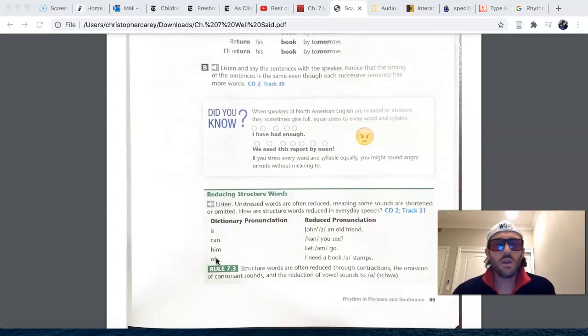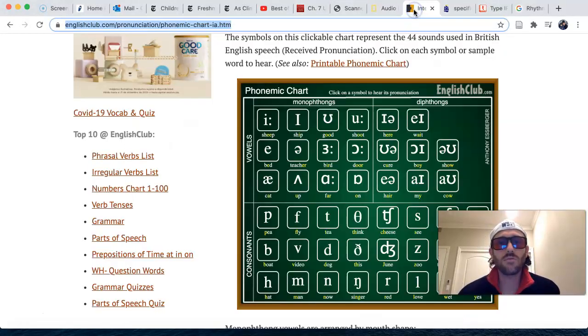So the rule that we can create here is that structure words are reduced so much so that sometimes you have an omission of the sounds, consonant sounds and vowel sounds, and that when the vowel sound is left, it's reduced to the schwa vowel sound, right? We've talked about the schwa, the most common vowel sound in English. Why?